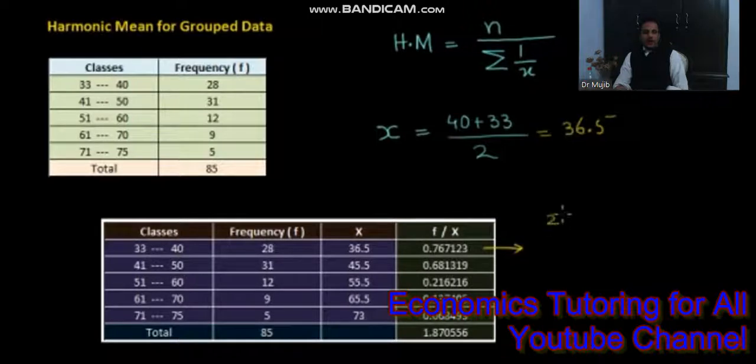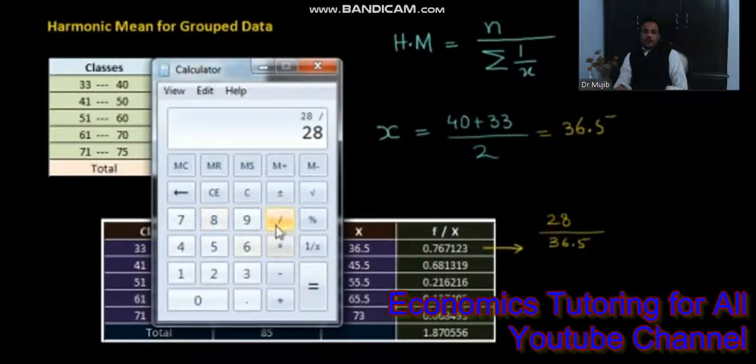I was confused about the value for the first class, 0.76, but anyhow, we check: 28 divided by 36.5 is correct.